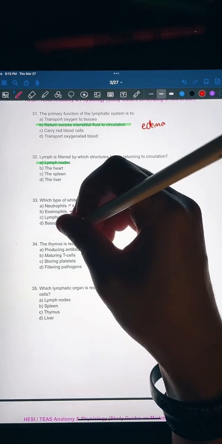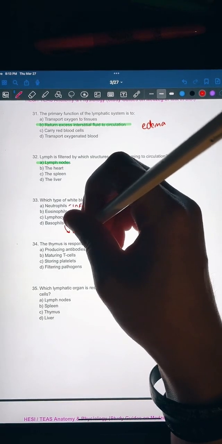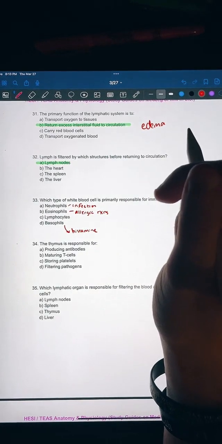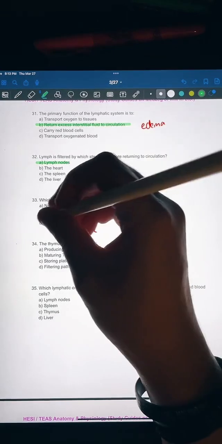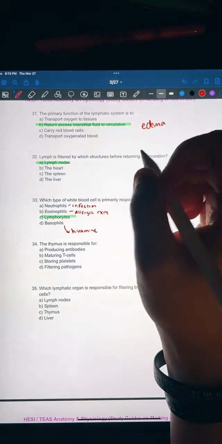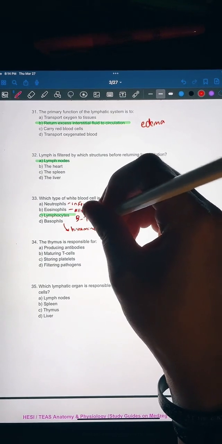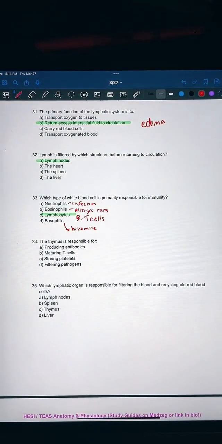Basophils release histamine, so these would be responsible mainly for inflammation, and they're also involved in allergic reactions. But lymphocytes, specifically B and T cells, are the primary cells that are involved in our adaptive immunity. This includes producing antibodies and cell-mediated immunity. So these are the cells that are primarily responsible for the immunity aspect of our physiology.